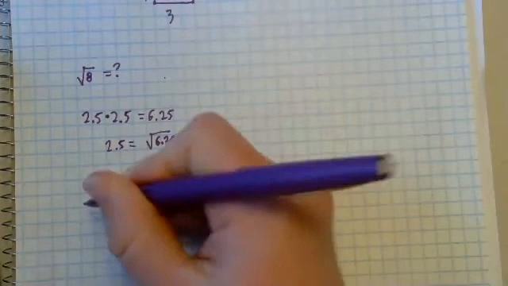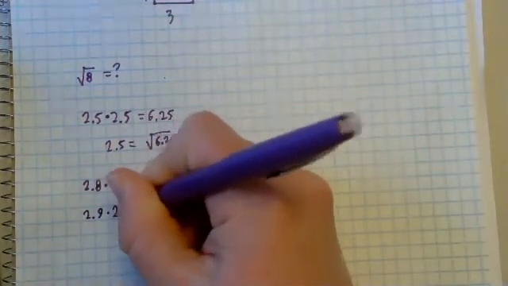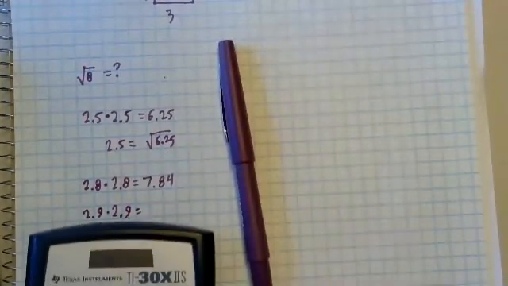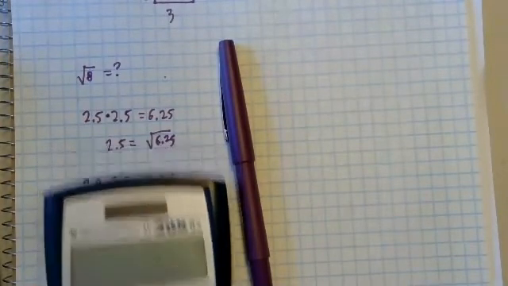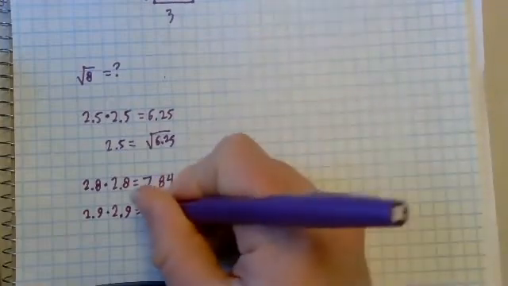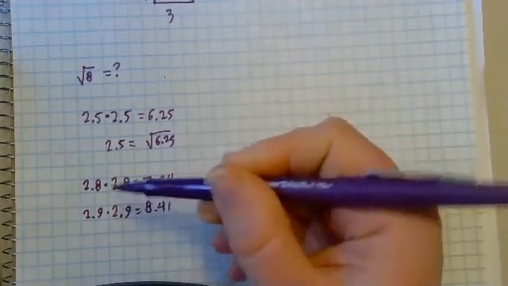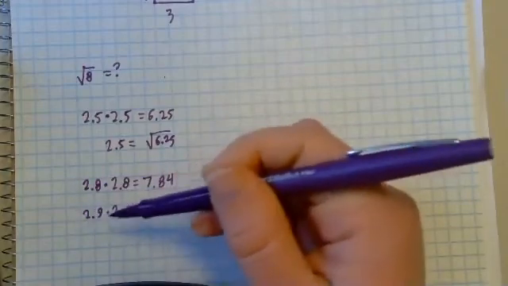So I'm going to go ahead and guess and check and try something else. I'm going to try 2.9. 2.9 times 2.9 is 8.41. So now I've narrowed it down. I know that 2.8 is too small and 2.9 is too big.